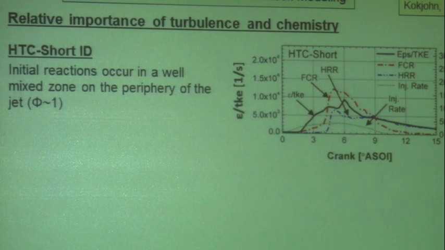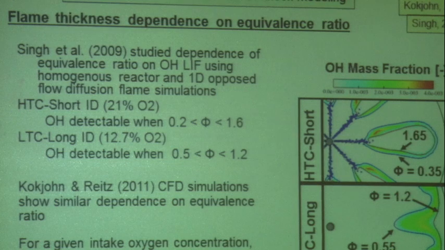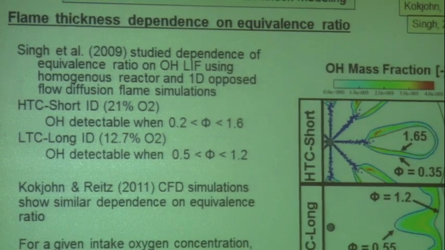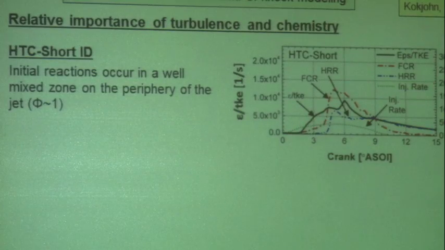Well, the correlation may be different, but the point is that you can see here regions with high OH also correspond to regions with high equivalence ratio, even in the low temperature combustion case with EGR. But the correlation could be different.